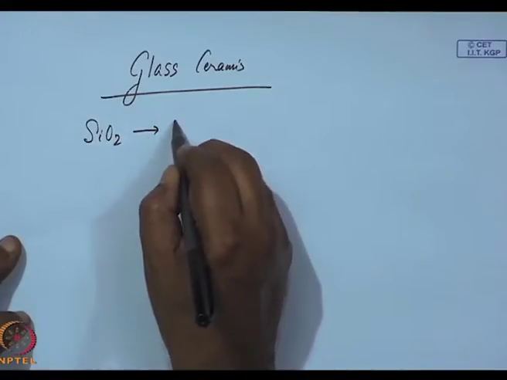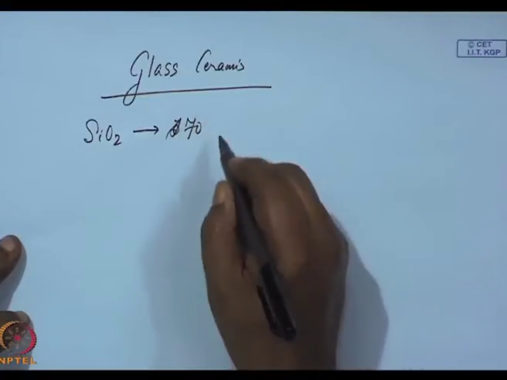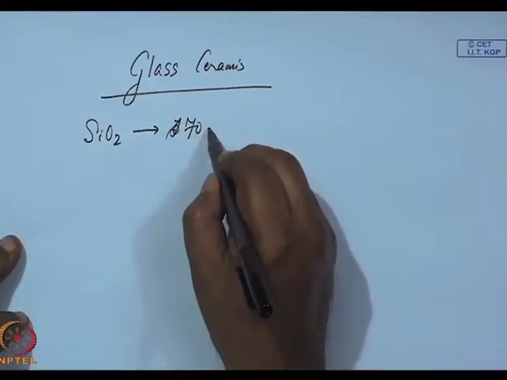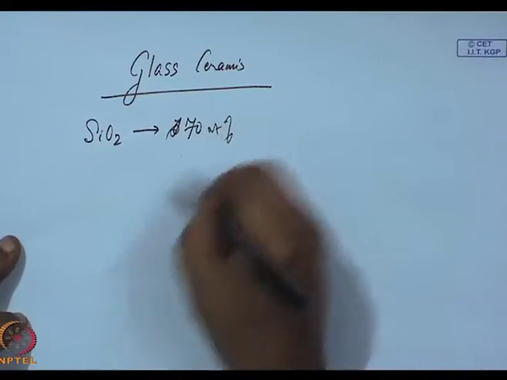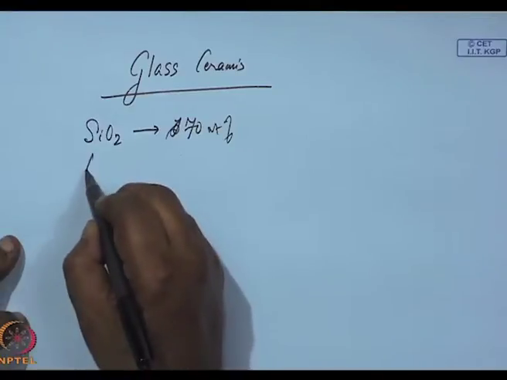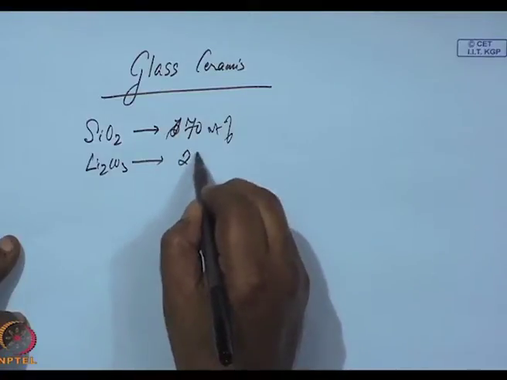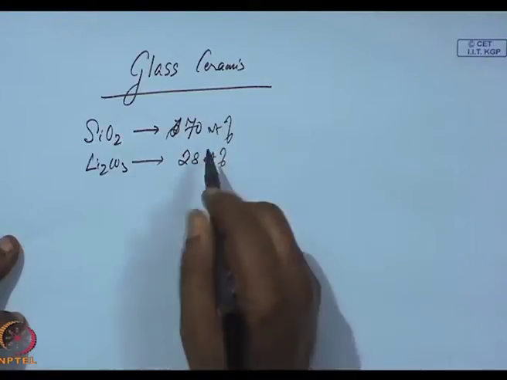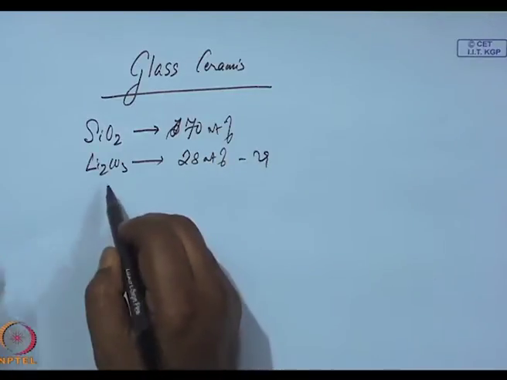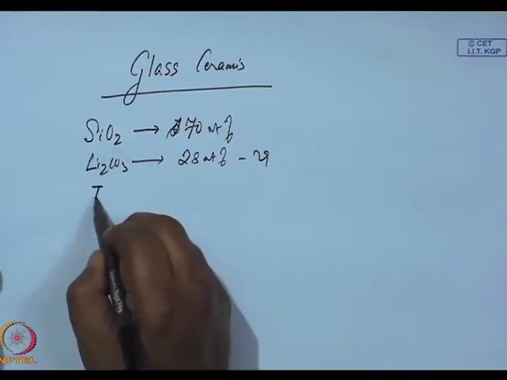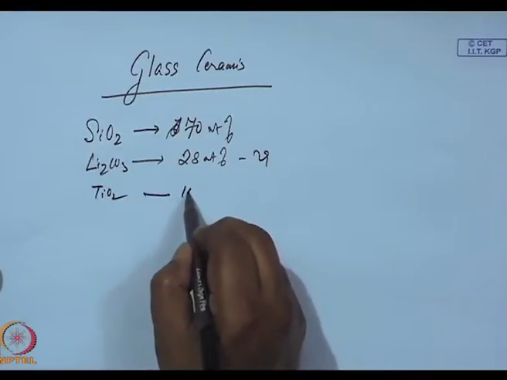Now, one of the experiments that I do in the laboratory is I take silica, about say 70 weight percent, Li2CO3 around 28 weight percent, 28, 29, and I take titanium dioxide at times, which is about 1%.